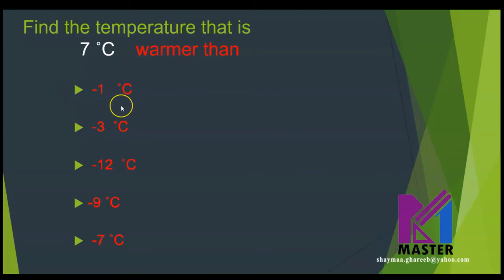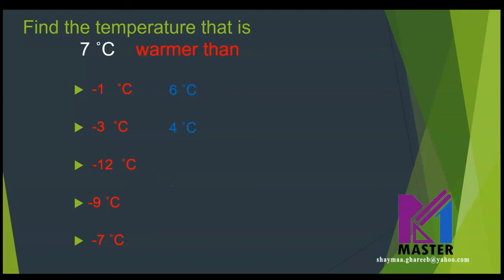After negative 1 will be 0, 1, 2, 3, 4, 5, and 6. From negative 3, it will be negative 2, negative 1, 0, 1, 2, 3, and 4. From negative 12, it will be, what do you think?